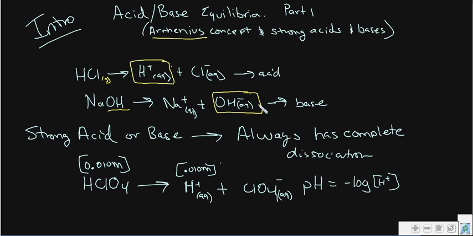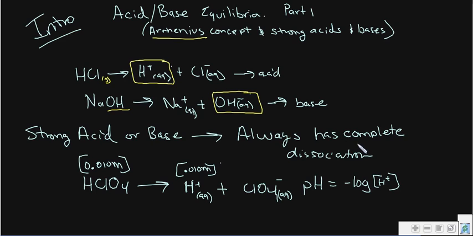The only problem is that there's loads of other things that cause water to become acidic or basic, by either taking one of the hydrogens and therefore leaving a hydroxide ion, or donating a hydrogen ion and therefore causing it to be acidic. And so we have the idea of strong acids and bases, and you should understand that a strong acid or base is a strong electrolyte, which means it has complete dissociation.